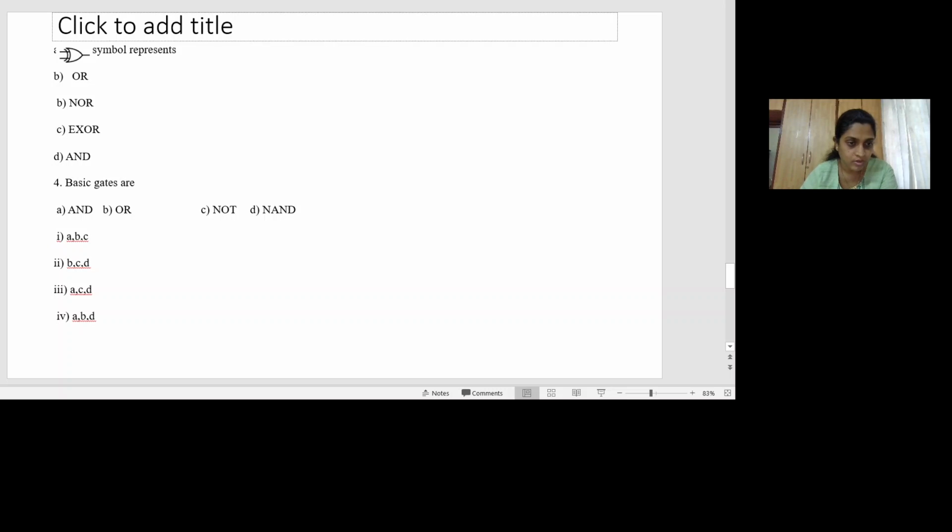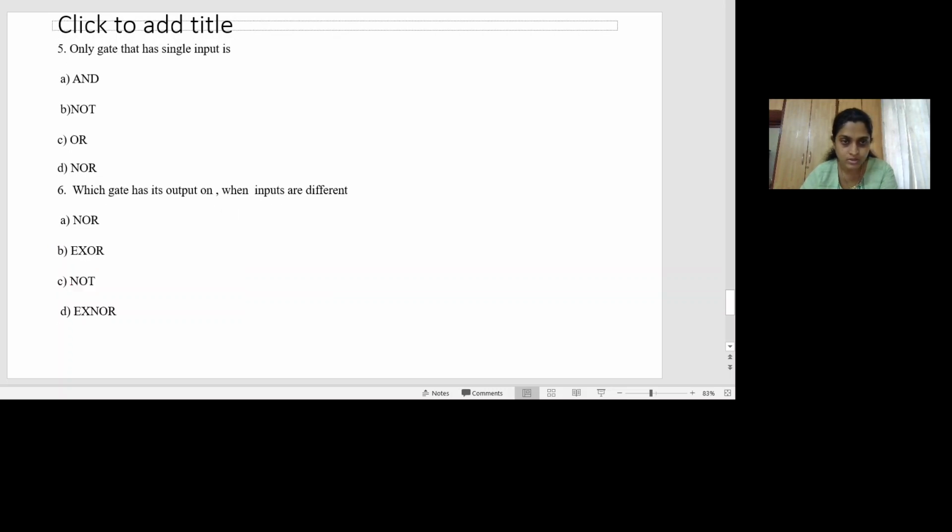Let's move on to the next question. The only gate that has a single input: the choices are AND, NOT, OR, NOR. The answer is NOT gate.